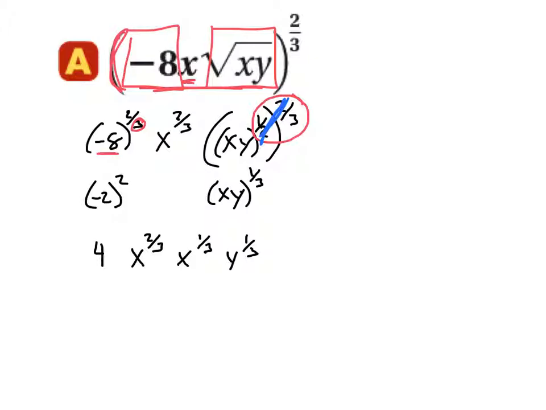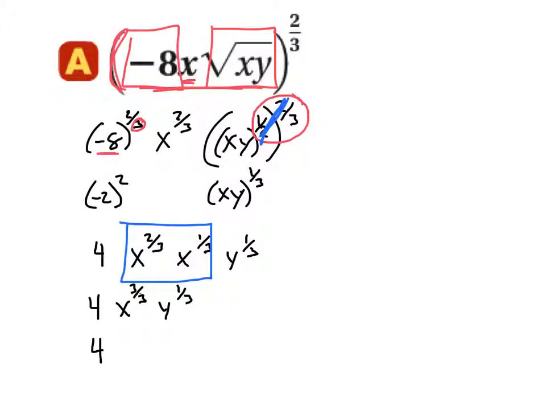Now I can multiply my x's together. If I have the same base, what do I do to the exponents? Add them together. So I have 4x to the 3/3 power, y to the 1/3 power. And you guys are already telling me that 3/3 is just 1.